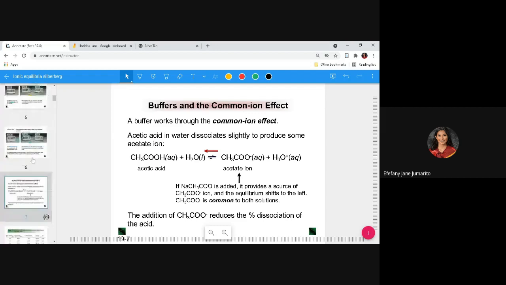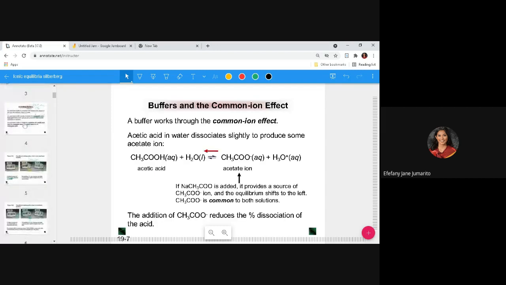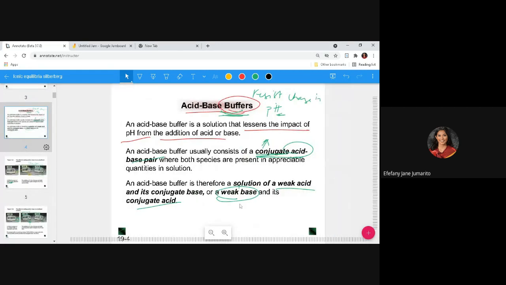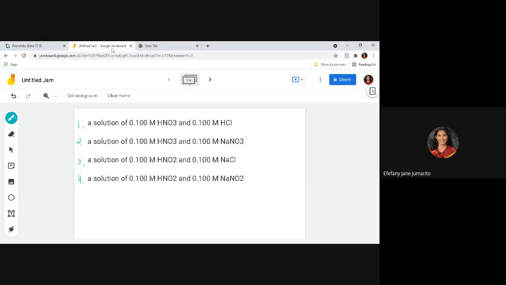Again, buffers consist of a weak acid or weak base and its conjugate. Now we have HNO3. Let's determine if this is a buffer or not.